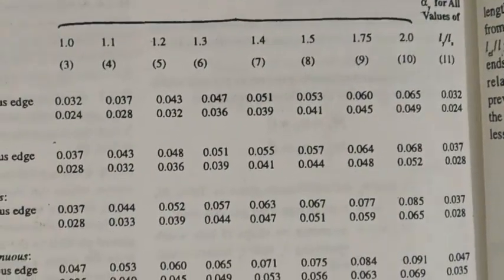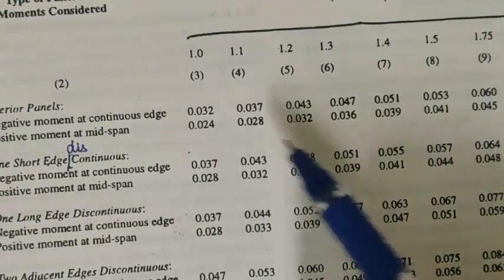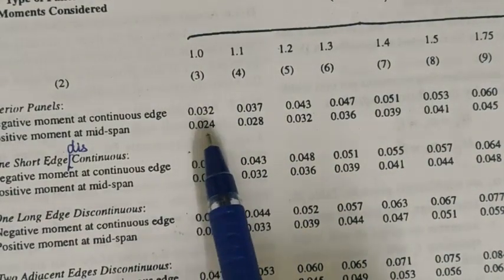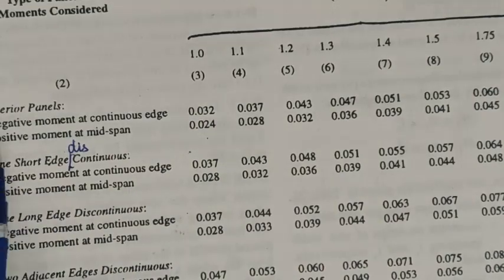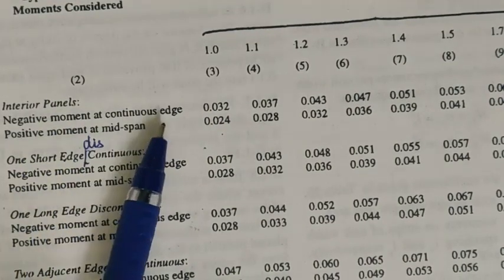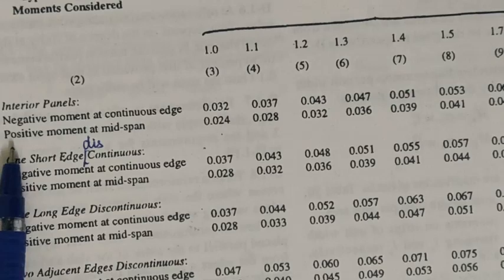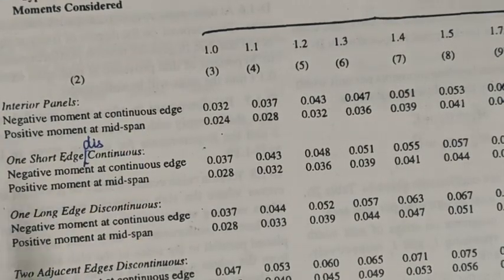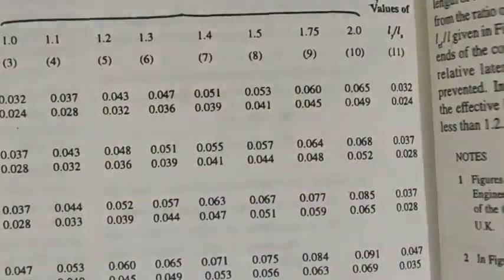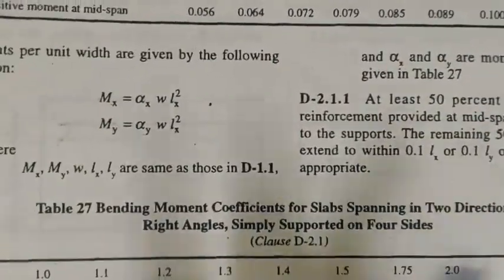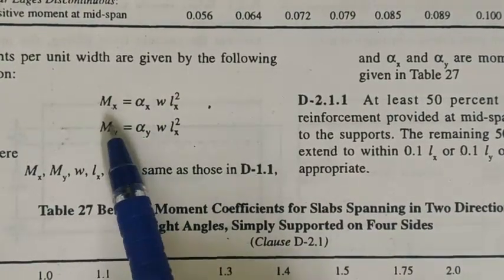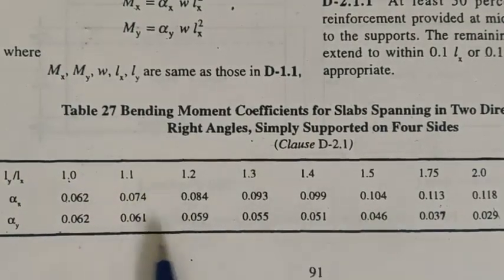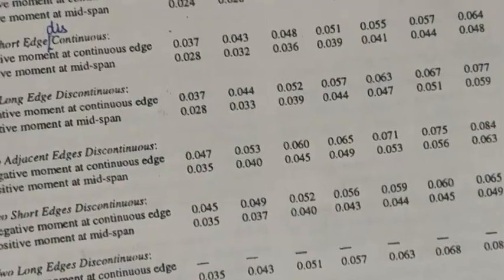But the very important thing is, you can see alpha x has 2 values, 0.032 and 0.024. 0.032 is the negative moment at continuous edges. And next, 0.024 is the positive moment at midspan. Clear? So it means rather than having only alpha x and alpha y as we had in the unrestrained slabs, where we used to get one value by linear interpolation, we will have 2 values for alpha x.